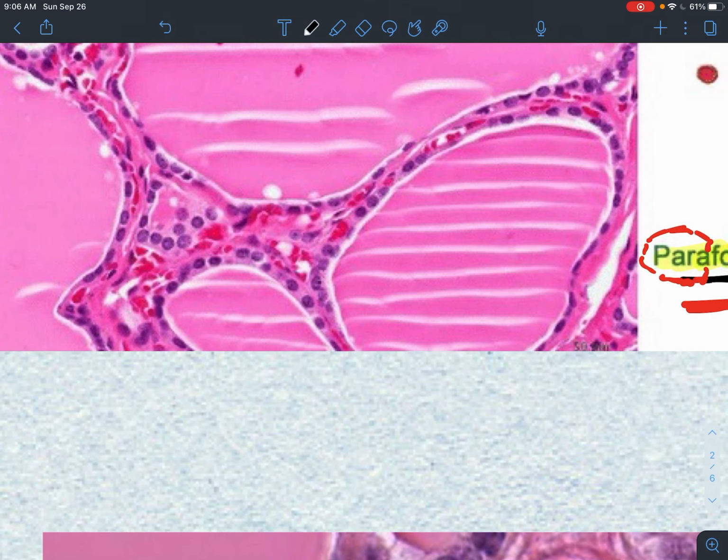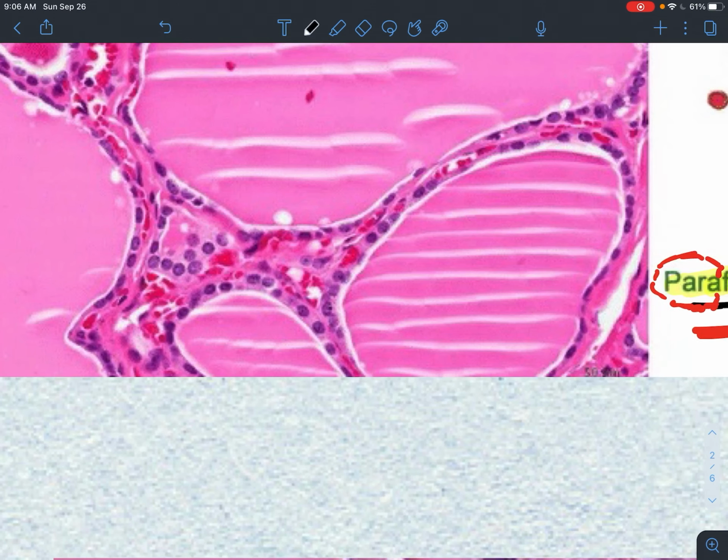And I know this is a little more blurred because the image is not as zoomed in, but here you can, for example, trace out those follicular cells, right, making that border of that follicle, right? And then next to, or para to, you've got a cluster of parafollicular cells.